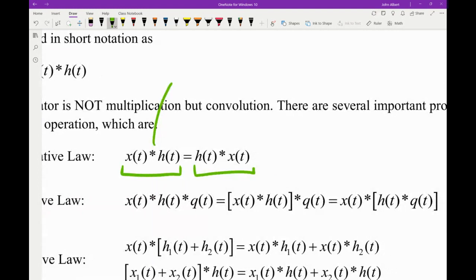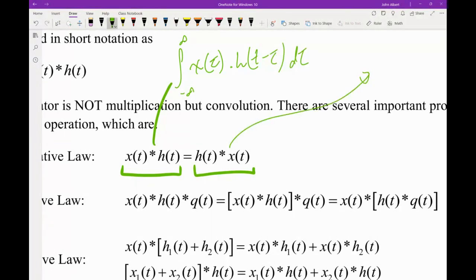The first formula says the integration from minus infinity to infinity. Let me just reduce the font size. According to what I've just written, this is x of tau multiplied by h of t minus tau d tau.